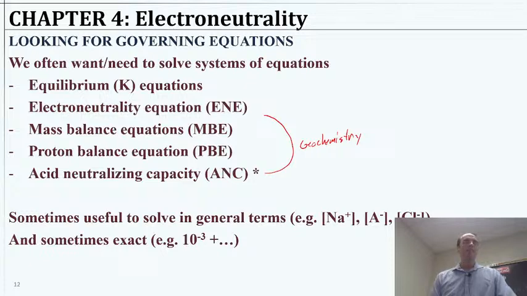And the acid neutralization capacity is almost the same as a proton balance or an electroneutrality balance, kind of a bit of a combo of them maybe, or maybe it's the same thing as proton balance. Regardless, what we're taking a look at is how much base the solution has to offer in order to remove all that.